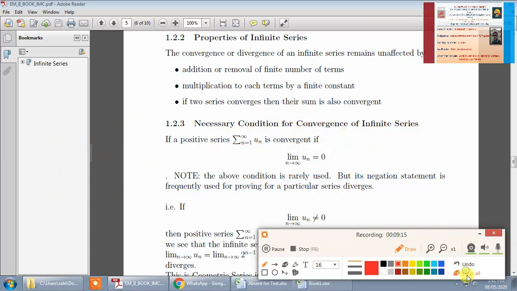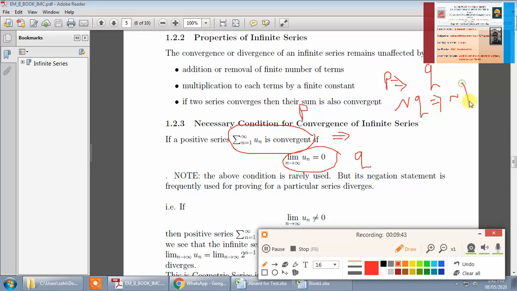Let me clear this again. This becomes your statement p, and that implies q is happening. So p implies q. And by logic, negation of q implies negation of p. What is the meaning of negation of q? The complement of limit n tends to infinity un equal to 0 is limit n tends to infinity un is not equal to 0.